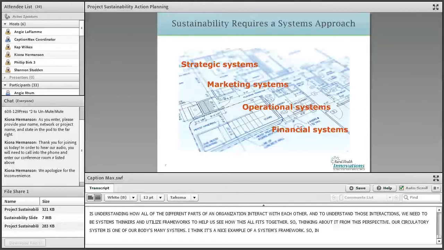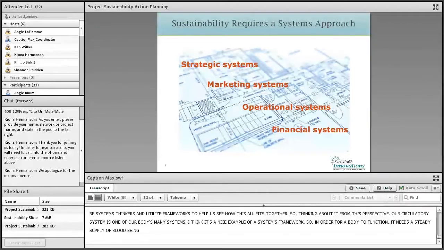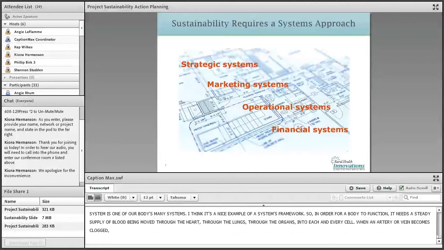In order for a body to function, it needs a steady supply of blood being moved through the heart, through the lungs, through the organs, and to each and every cell. And when an artery or vein becomes clogged, blood cannot flow effectively or efficiently. Therefore, our body's other systems won't function properly, which can then lead to unsustainable conditions.